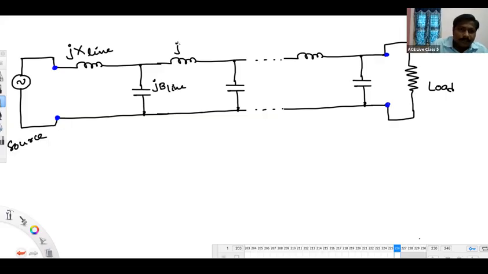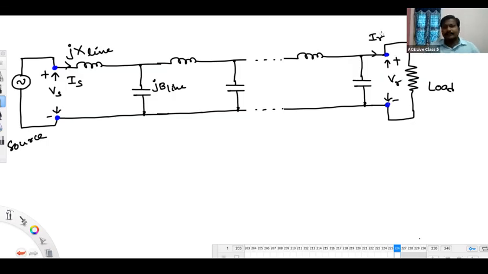And here also jX line, jB line, and so on, up to the end. This is the sending end side voltage. We have Vs. Sending end side current I have as Is. Receiving end side voltage is VR, and the receiving end side current I have as IR.